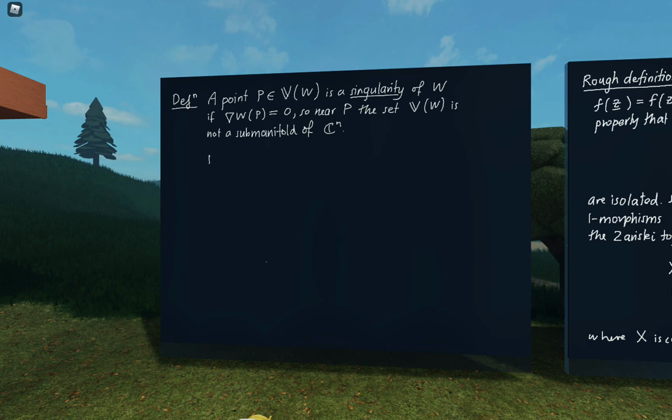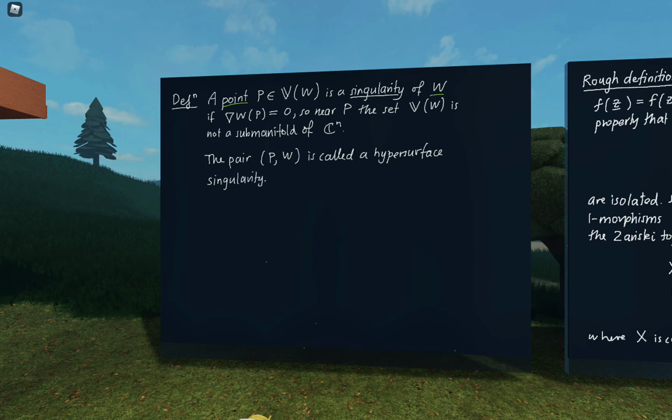Okay, the pair. That definition says a point is a singularity of a polynomial. The pair consisting of the point and the polynomial is called a hypersurface singularity. I've explained what I mean by singularity.